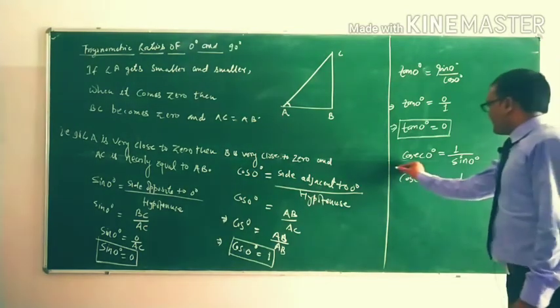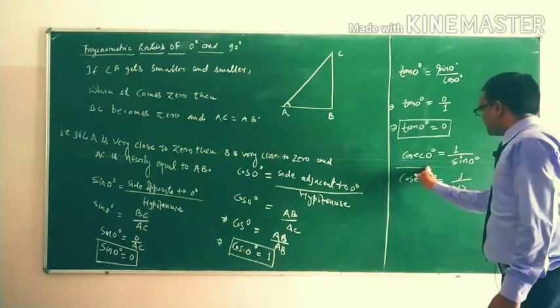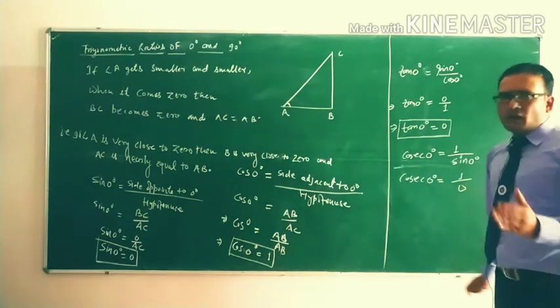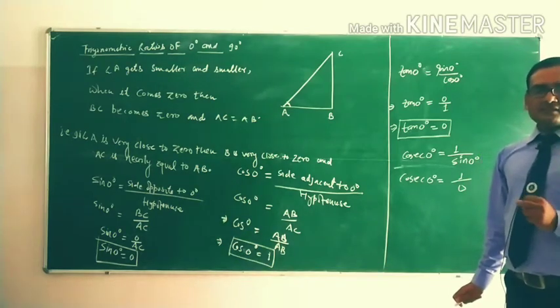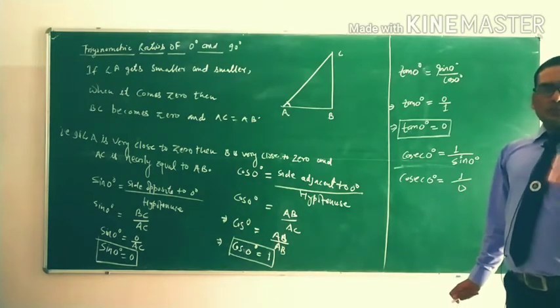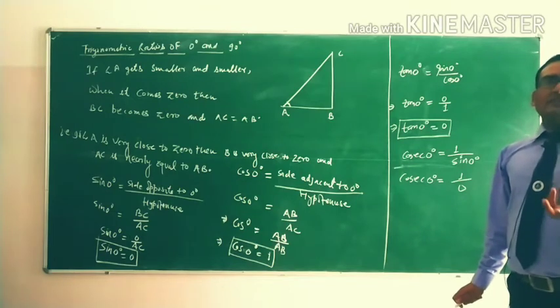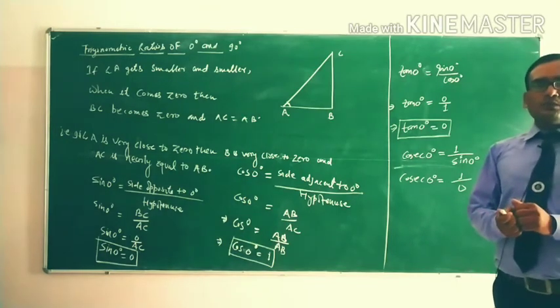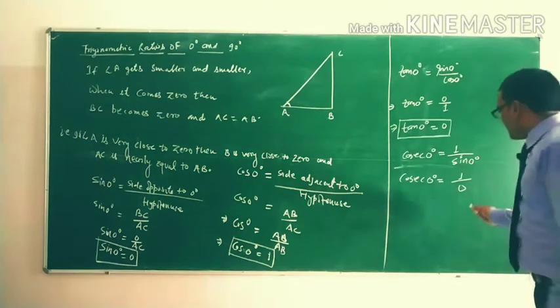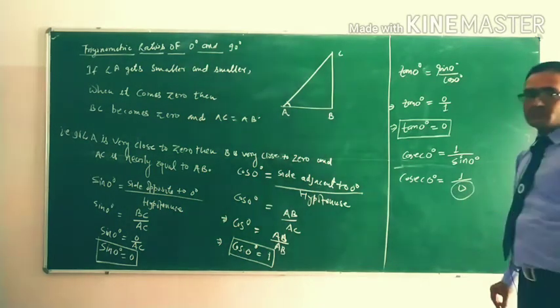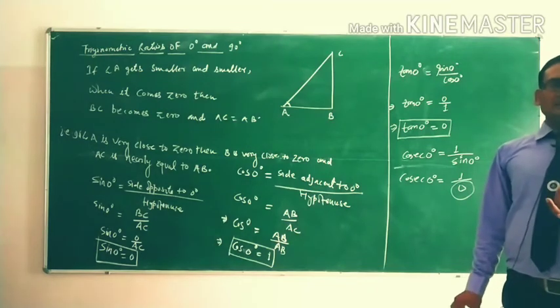This point is a very interesting point in mathematics. The value of 1 upon 0 is undefined. That means a ratio whose denominator is 0 is undefined.